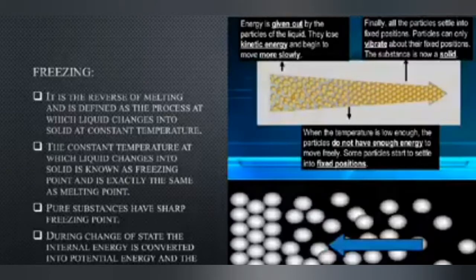जबकि heat evolving process में particles की internal energy decrease होती है, because they have started giving out heat energy. Particles की internal energy decrease होती है, kinetic energy decrease होती है, there is a decrease in the temperature, and then at a particular temperature the bonds start being formed, and when the bonds are formed, the particles regain the original fixed position of the solid.